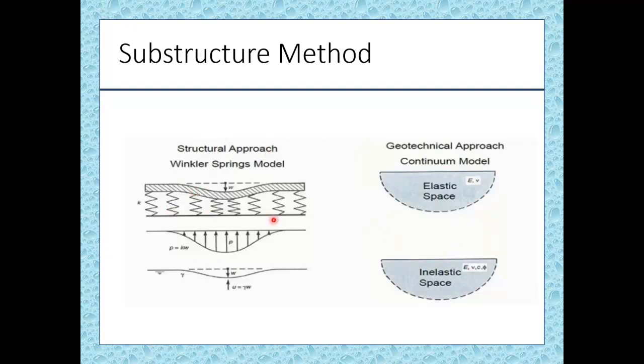The soil structure interaction done by the structural engineers is by using springs for a given column load, and the foundation reflects the soil settlement, and the springs represent the soil pressure. Whereas when it comes to a geotechnical model, the soil is modeled as a continuum model, either an elastic space or an inelastic space, and then we determine the corresponding soil settlement and stresses due to the column load.